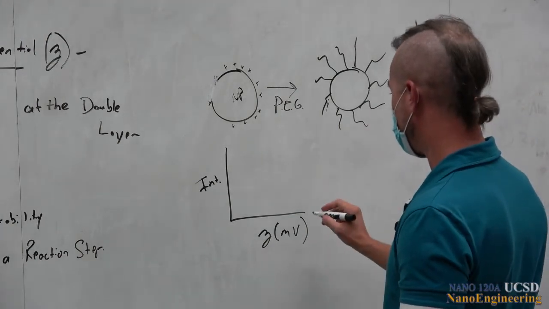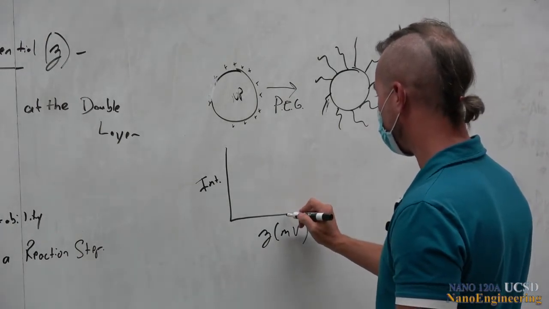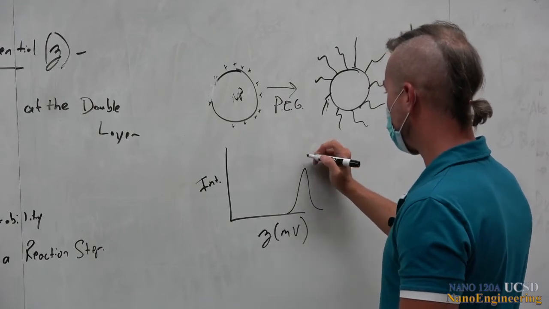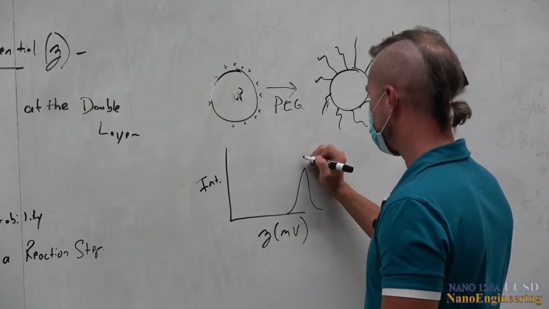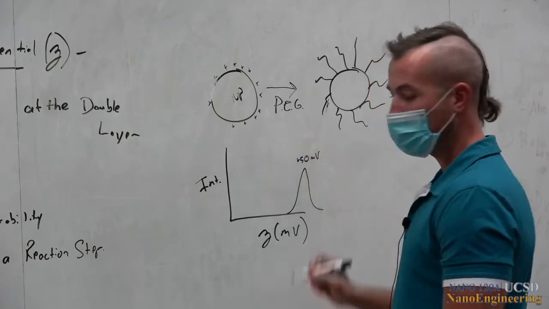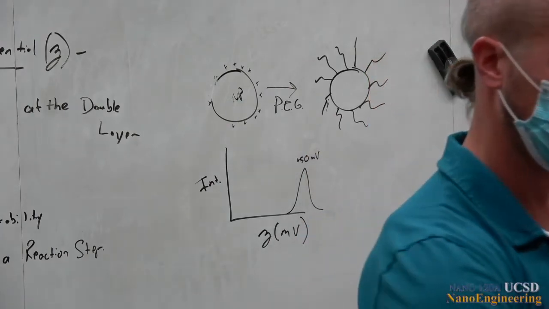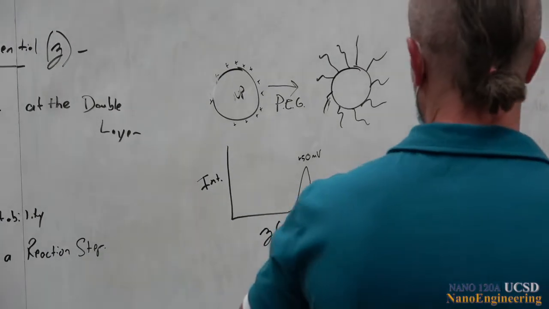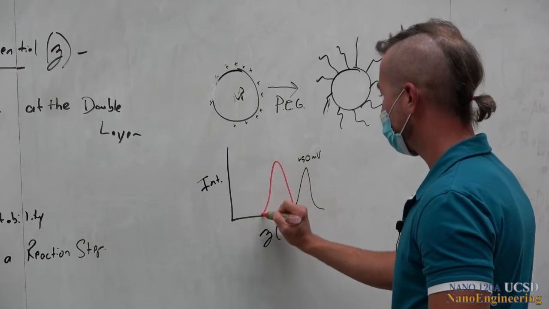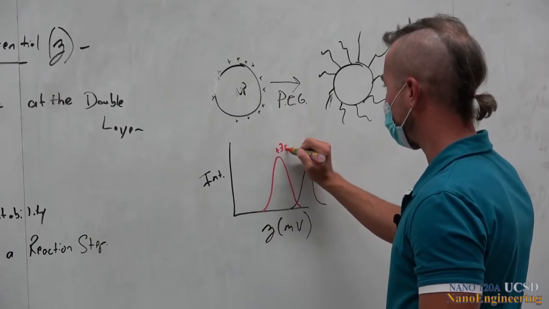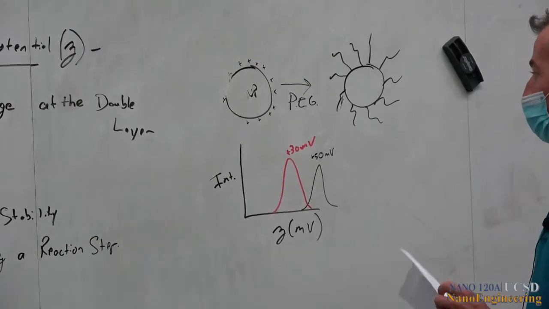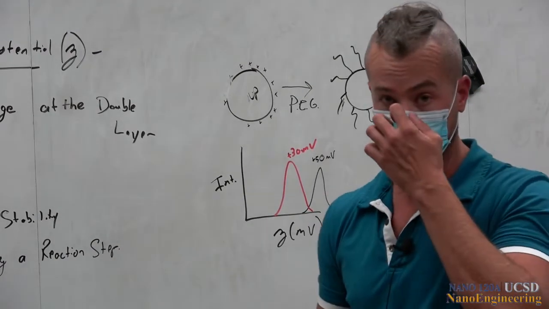And so if your original particle, let's say your gold is, I don't know, plus 50 millivolts. After you put PEG on it, it's probably going to be 30 millivolts or something to that effect, right? What else could you do?